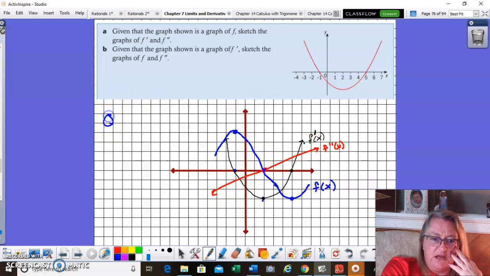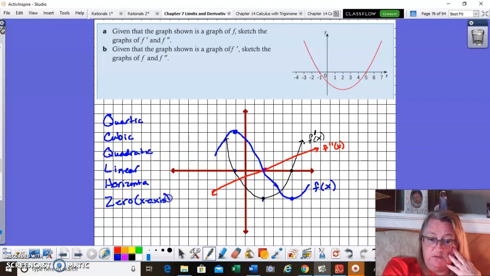Okay, if we had a quartic, the derivative of that would be a cubic, whose derivative would be a quadratic, whose derivative would be linear, and the derivative of that would be horizontal, and the derivative of that would be 0, or the x-axis. And that's as far as we can take it. We can't take the derivative of 0, okay? So that's kind of what you're looking for.